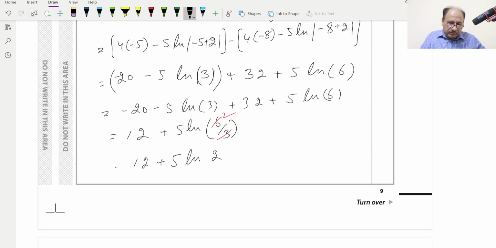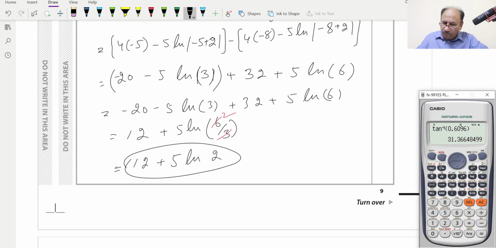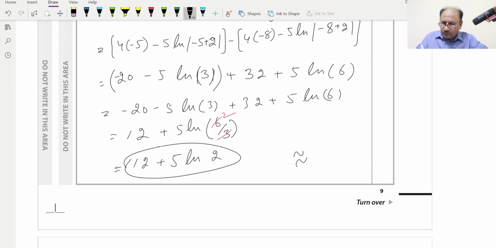This is the simplified form, or you can find this value also: 12 plus 5 log of 2 is equal to 15.47. You can give this answer as well.